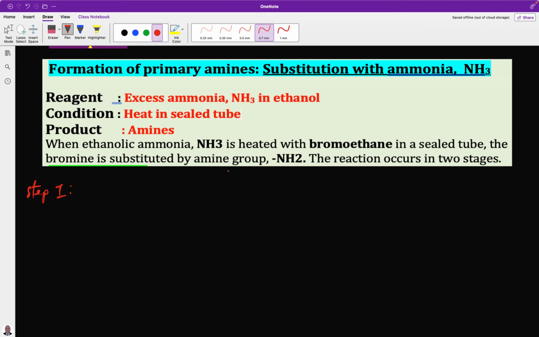Because when bromoethane reacts with ammonia, it gives ethyl ammonium bromide salt.